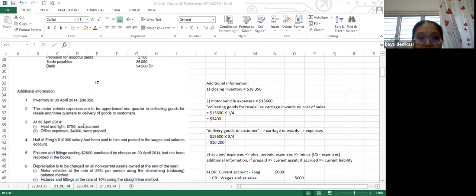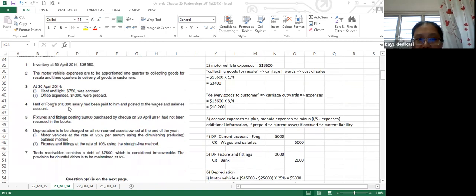The cost that you pay for this motor vehicle expenses is referred to as carriage inward, which is under cost of sales, which is 1 quarter of it. Another 3 quarter, which is delivering goods to customer, is another accounting word we call carriage outward, which is the expenses. So 3 quarter of the total.